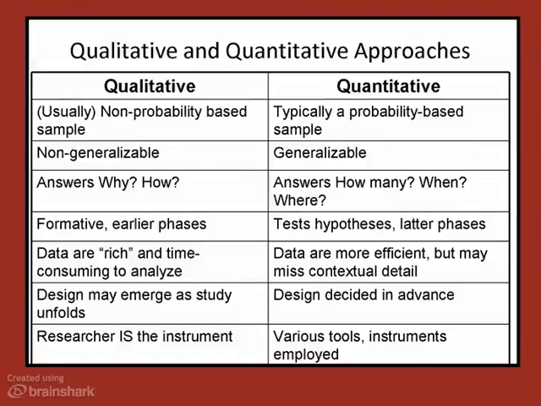You're not as interested in sampling in most cases. Many times it's exploratory and the design kind of unfolds. You're looking at the content of the data, looking for trends and patterns, and the researcher is the data collection instrument.